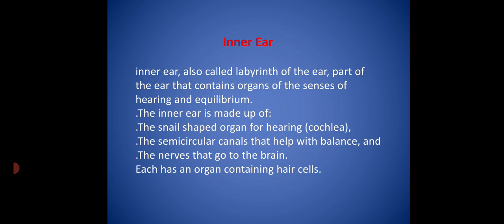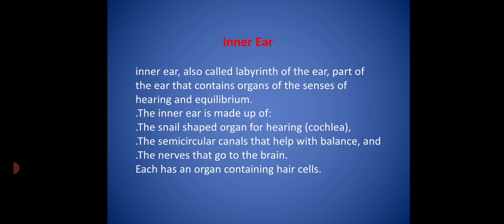The semicircular canals help with balance, and nerves go to the brain, each with an organ containing hair cells. First I told you what the cochlea is; the semicircular canals are also connected to the nerve system, but they work differently from the cochlea.